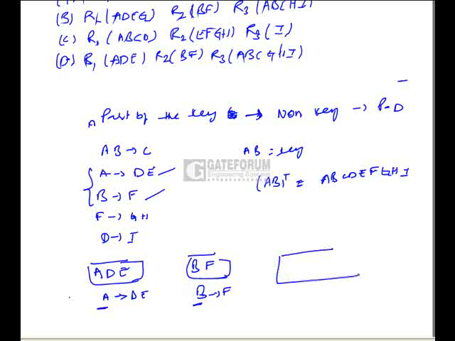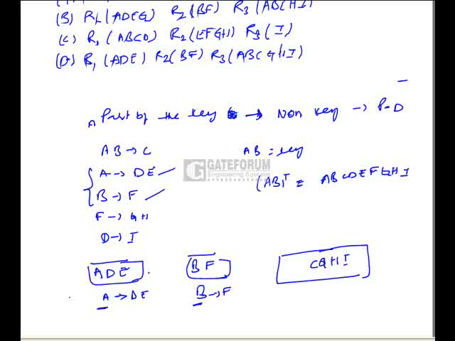And we'll keep the remaining attributes in the third table. What are the remaining attributes? C, G, H, I.